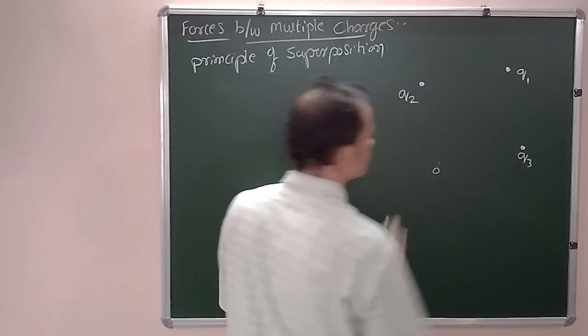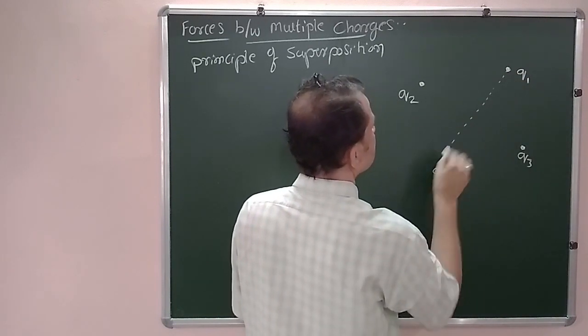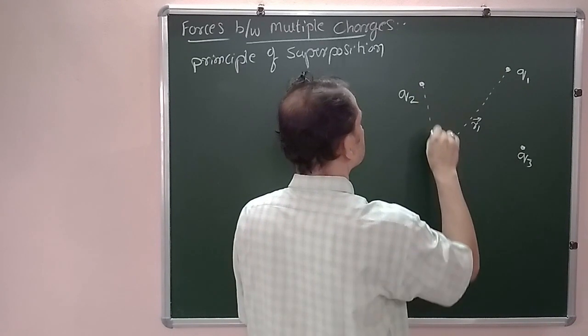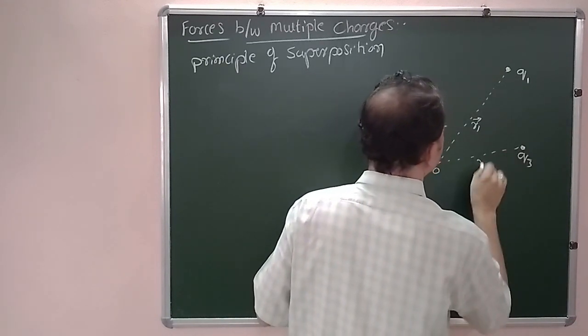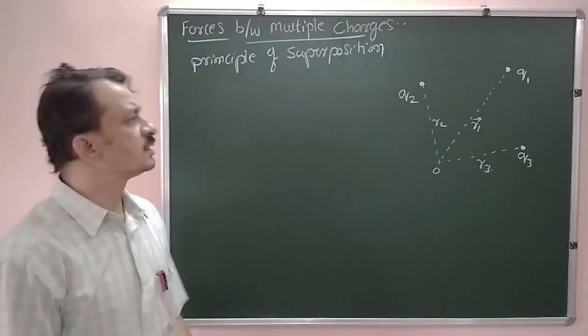Now here is some origin. With respect to the origin, let me write the position vectors. This is vector R1, this is vector R2, and this is vector R3. These are the position vectors.